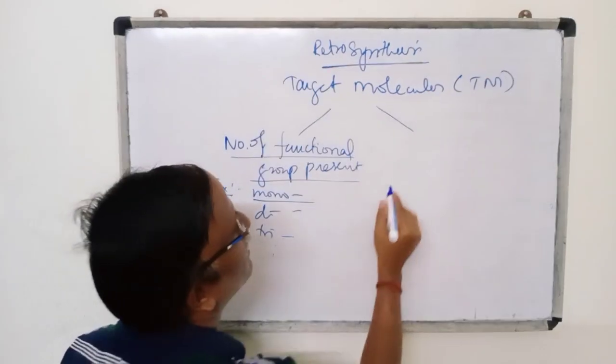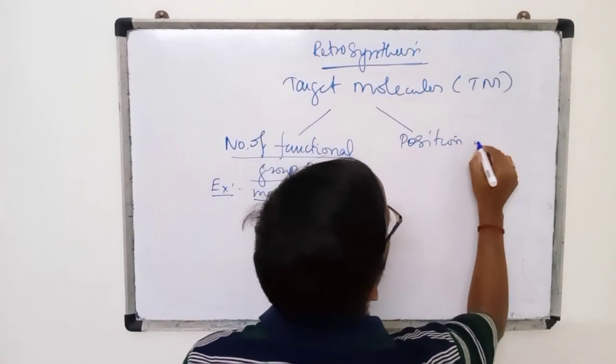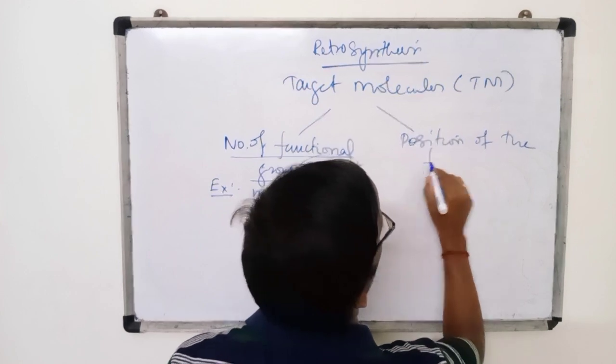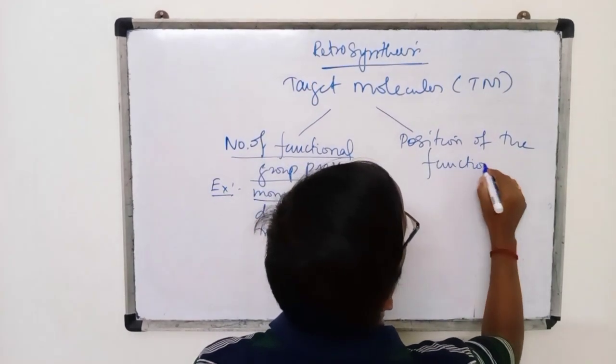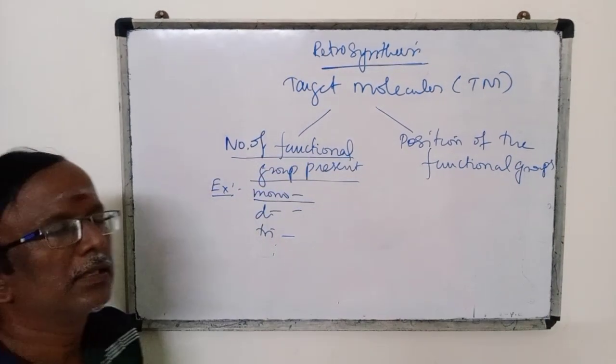The other type of classification is the position of the functional group. Where exactly are these functional groups present?